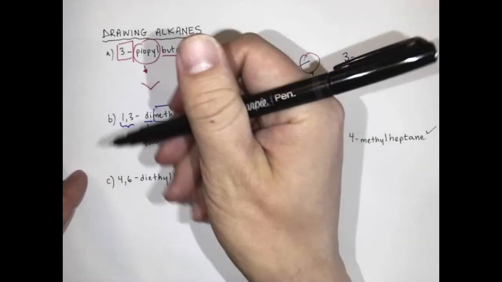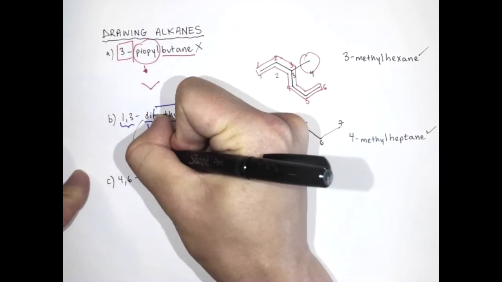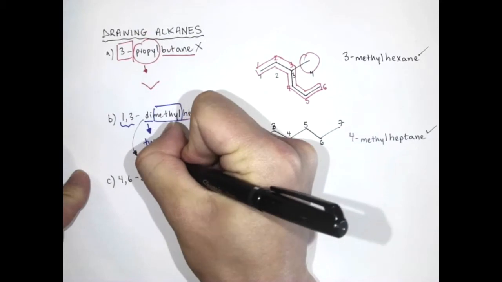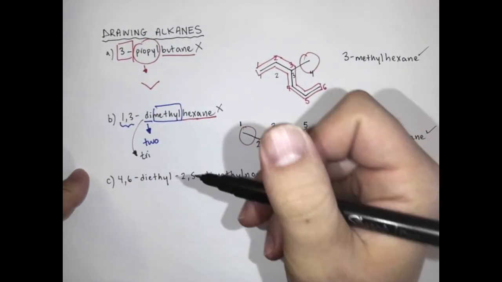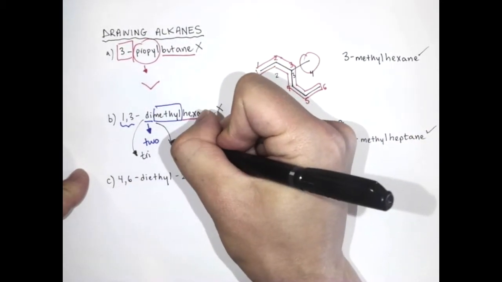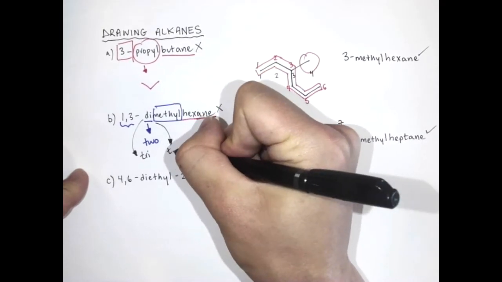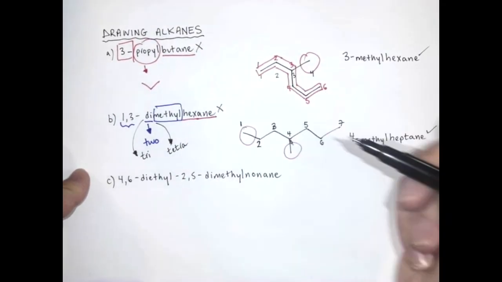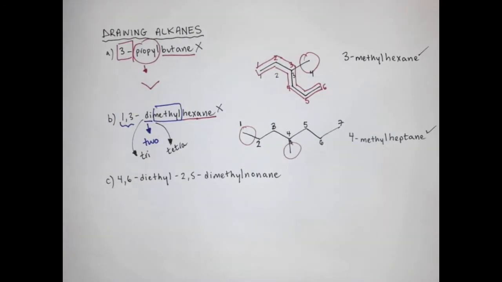There's other words that might get used here, so you might also see tri, which you could figure out is probably going to be 3, and the other one you'll see is tetra. And they just tell us where those branches occur. And you usually use that when you've got branches coming off of the same carbon on the main chain.